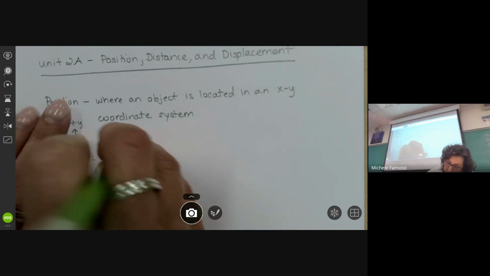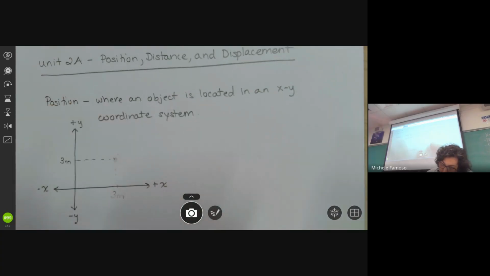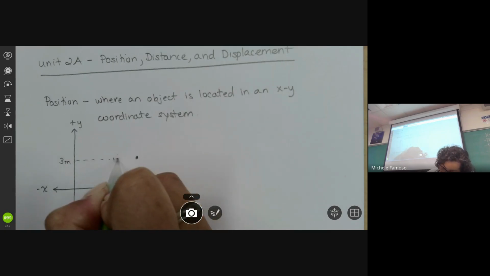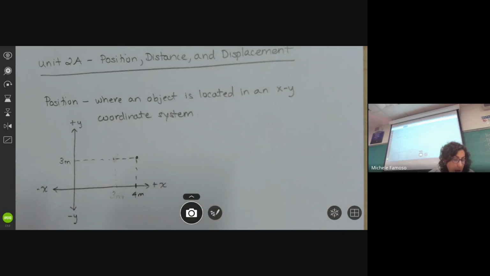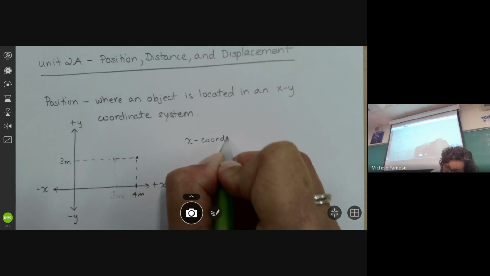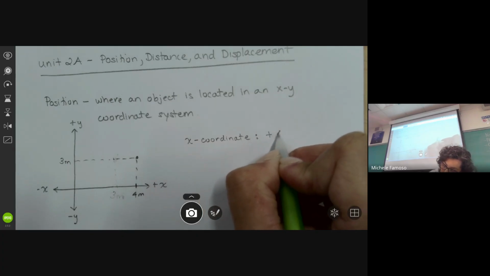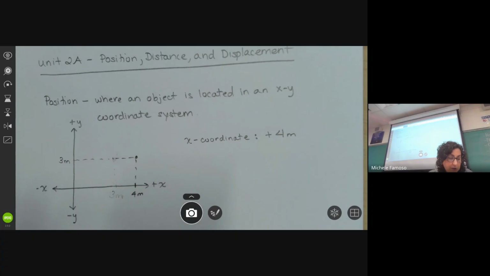Let me change that. I don't like where I put that one. Let me move it here to 4 meters. I would say that the x coordinate in that diagram was positive 4 meters.